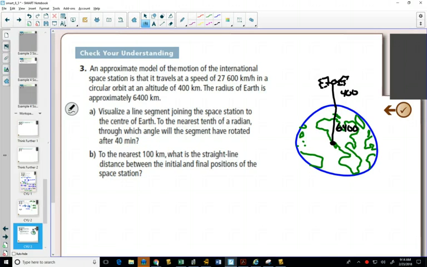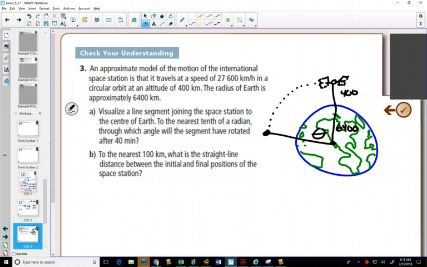It is another 400 kilometers above the Earth, traveling in a circular orbit around the Earth. At some point, it travels a certain distance after 40 minutes. So let's say it gets to that point after 40 minutes. We want to find the angle that it's rotated after 40 minutes.